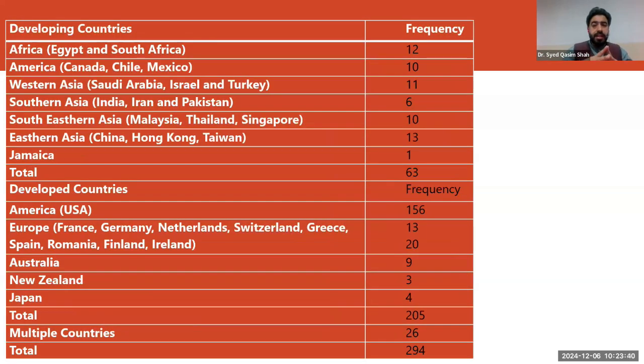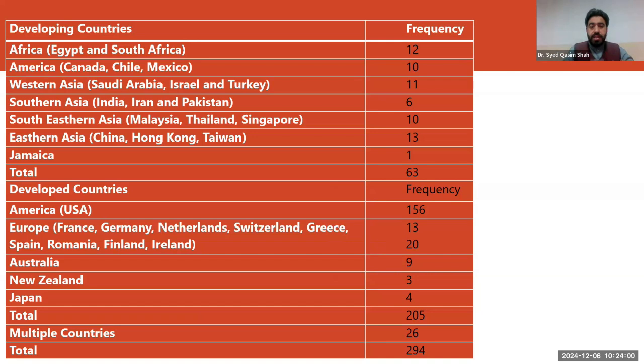Now this is the country-wise analysis. Africa, like Egypt and South Africa, 12 studies we found that have been published in this region. 10 studies in America, Canada, Chile, and Mexico, then Western Asia, then South.